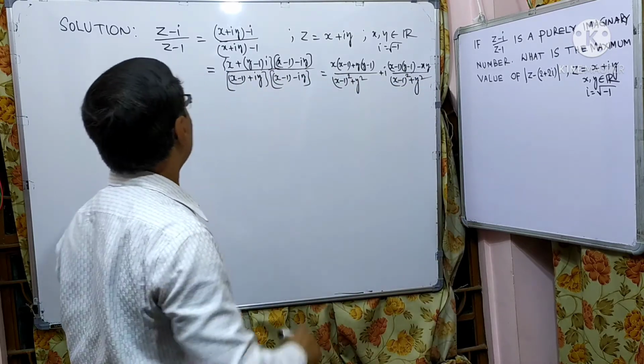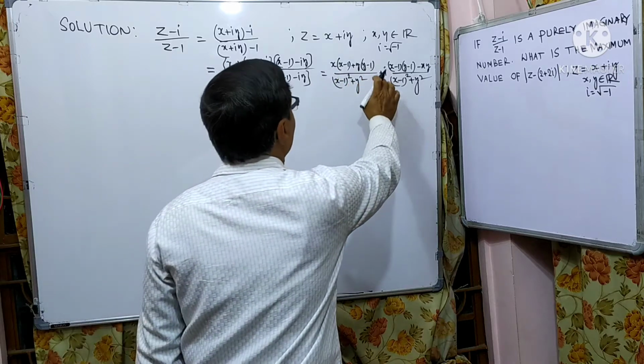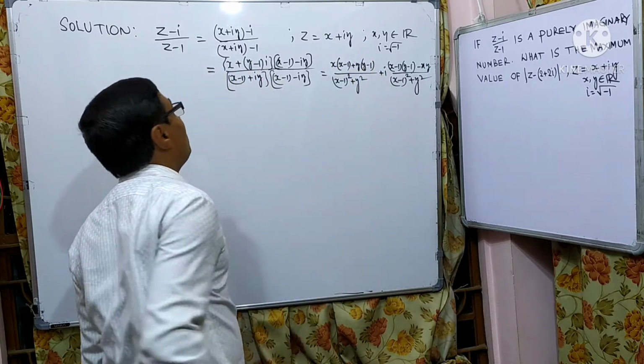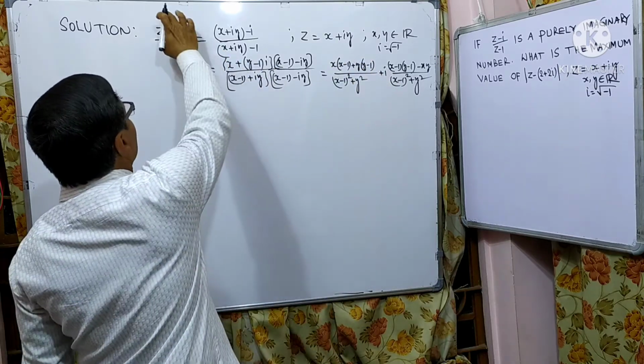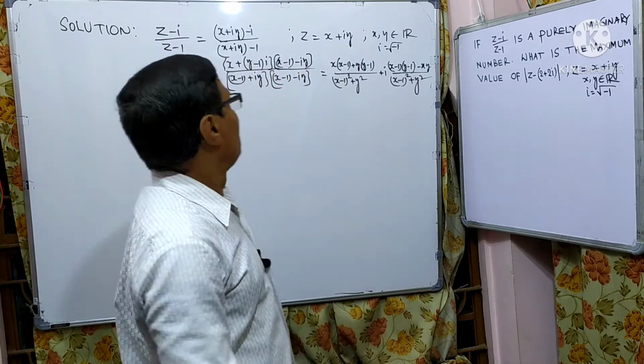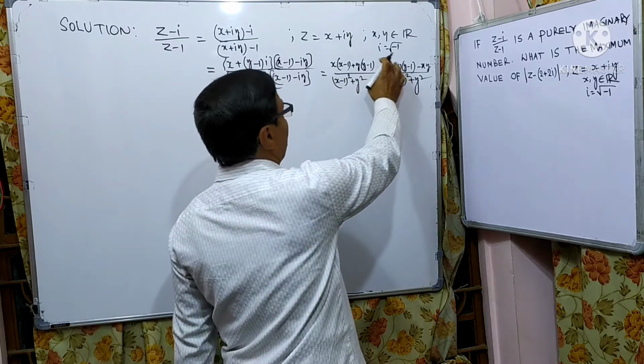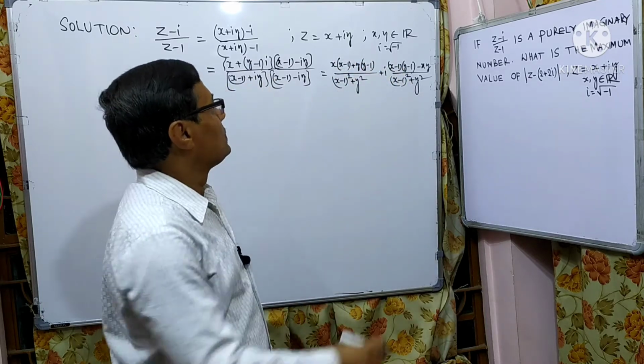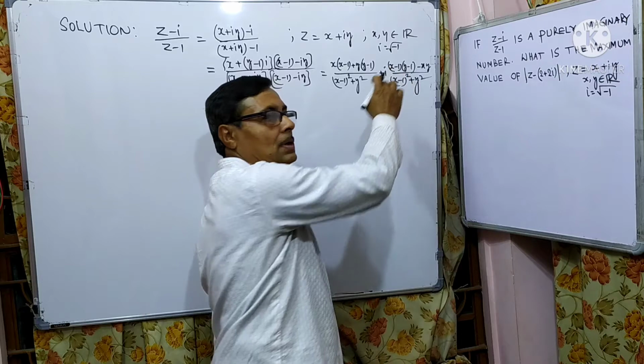This is a complex number. The expression (z minus i) over (z minus 1) is a complex number whose real part is this and imaginary part is this.